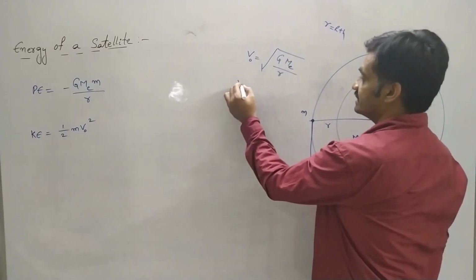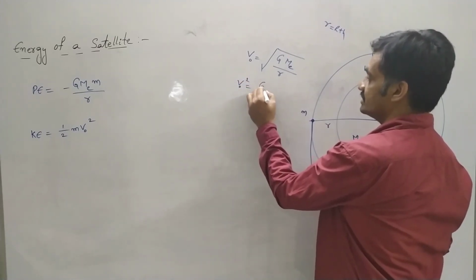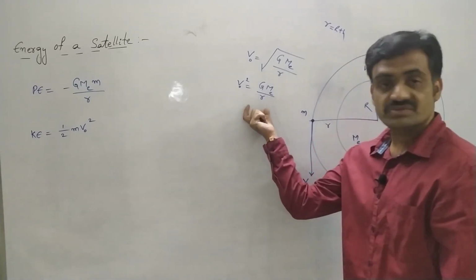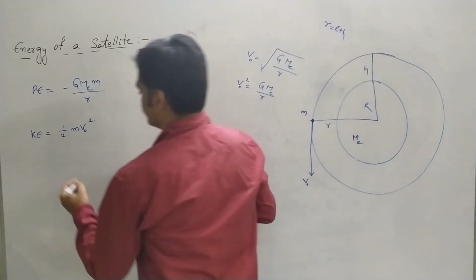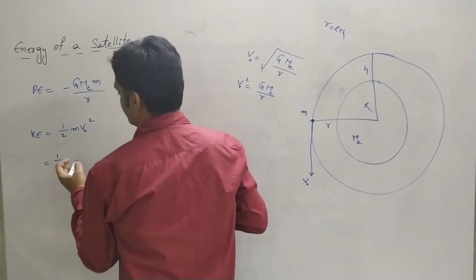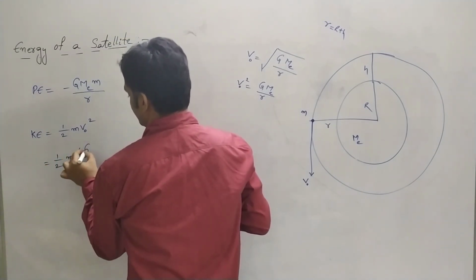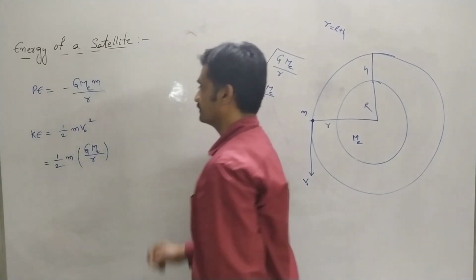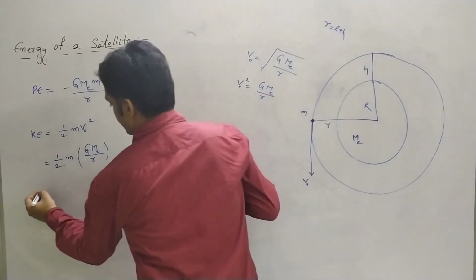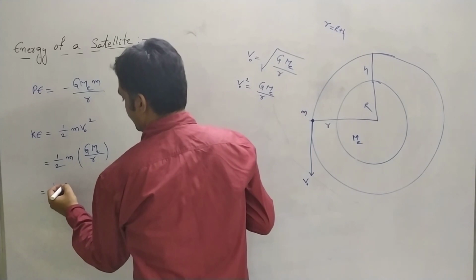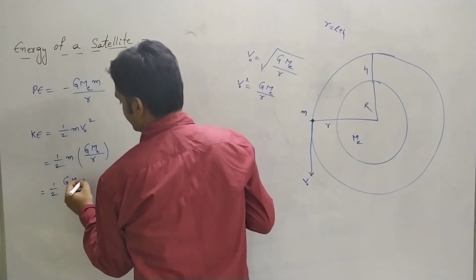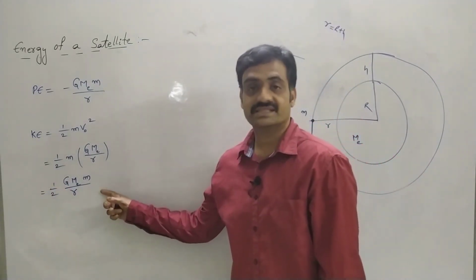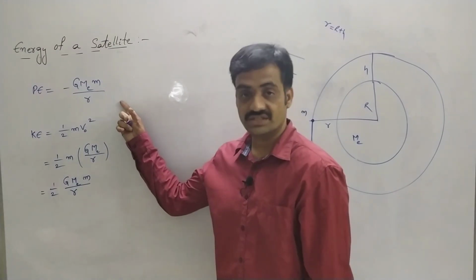As we square this expression, v0 square is equal to G M_e by r. So in place of v0 square, we can substitute G M_e by r. As we substitute here, the kinetic energy can be given as half m into G M_e by r, so the expression can be represented as half G M_e m by r. So this represents the kinetic energy of the satellite as well as the potential energy of the satellite.